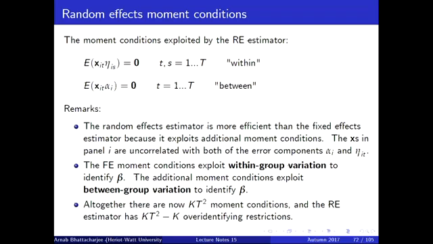So, the random effects estimator basically uses within moment conditions and between moment conditions, both of these. What about efficiency? This is going to be more efficient than fixed effects, right? Why? Because you are using more moment conditions, right? Provided, of course, that these additional moment conditions are valid, right?